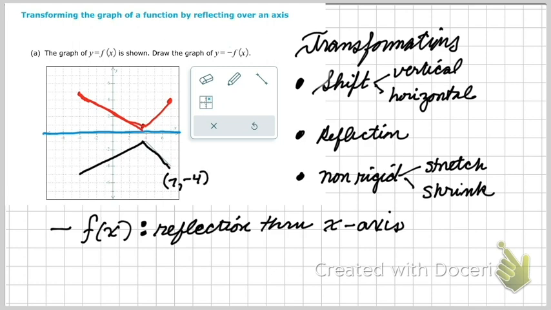So I need to be sure that this point in the reflection is at (7, 4). And then this point here in the middle is at (4, -1). So I need to make sure that my reflection point is at (4, 1).